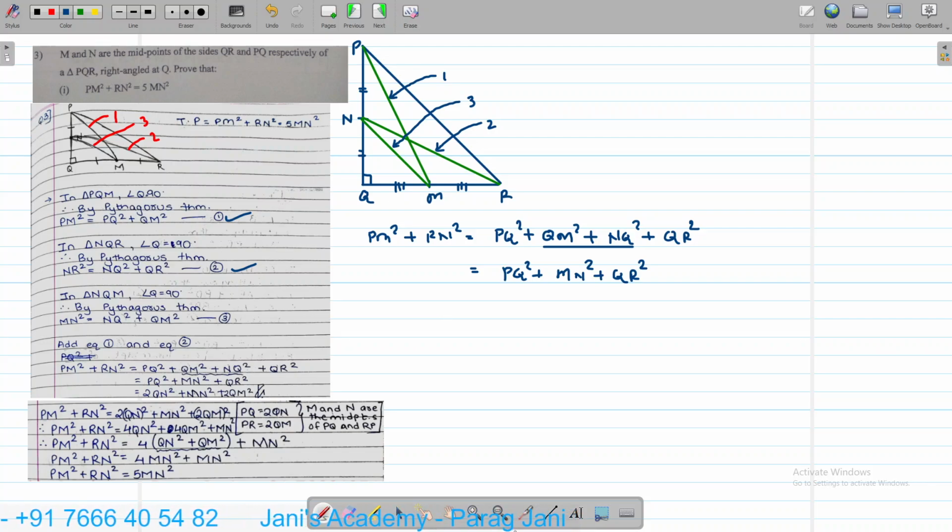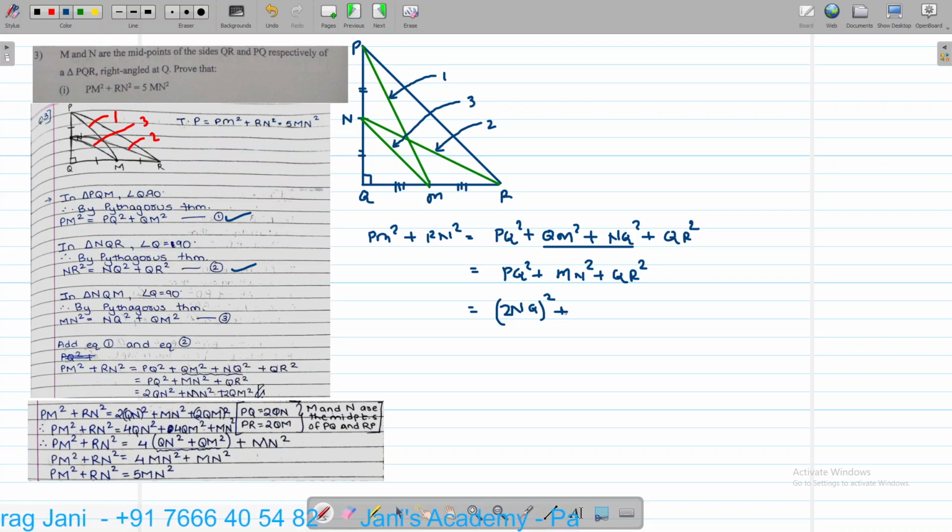See, what is PQ? These both are equal because N is a midpoint. So instead of PQ square, I am writing 2NQ, basically 2NQ square.